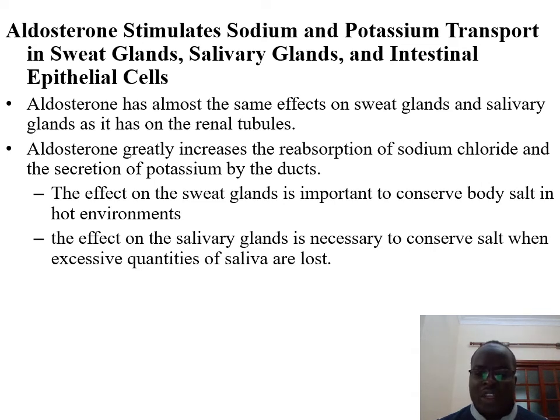The effect on the salivary glands is necessary to conserve salt when excessive quantities of saliva are lost. So when it's very hot, you are losing saliva, but the effect of aldosterone is to preserve the sodium so that you don't lose a lot of sodium. That sodium will help you to maintain some fluids within the body. Otherwise, if you're losing a lot of sodium, you also lose a lot of water, then you'll be dehydrated.